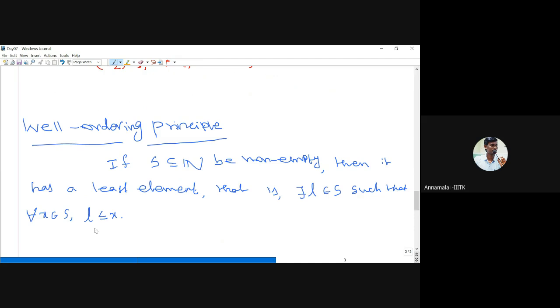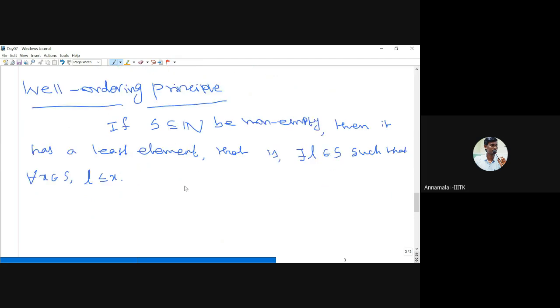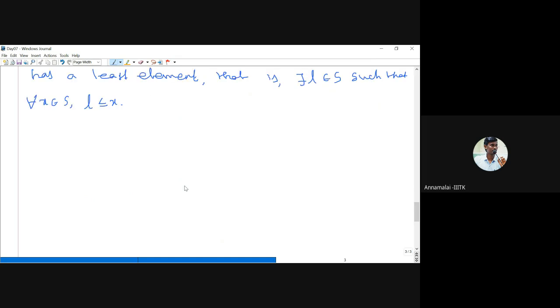But if you take a non-empty subset of the integers, you will not necessarily get a least element. So this principle holds only for subsets of the natural numbers, not for other sets. For example, if you take all negative integers, we cannot name a least element.